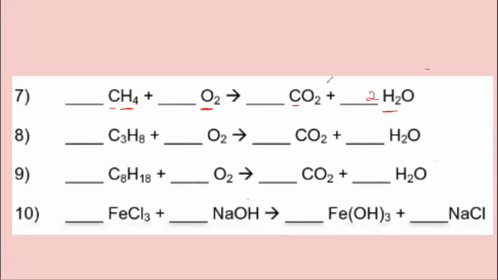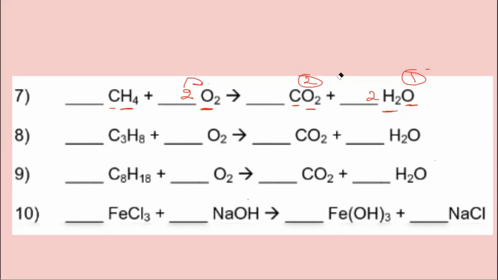2 oxygen, see this side, 2 and 1, 3 oxygen, 2 here, 1 here, 3 oxygen, but over here only 2 oxygen. So if I write 2 in front of this oxygen, it will become 4 oxygen. No, it's already 4.